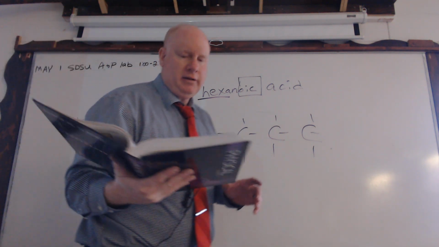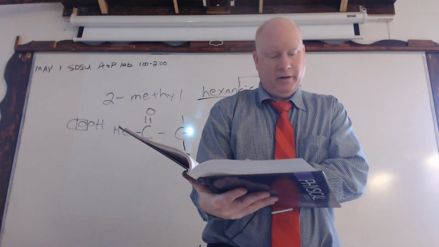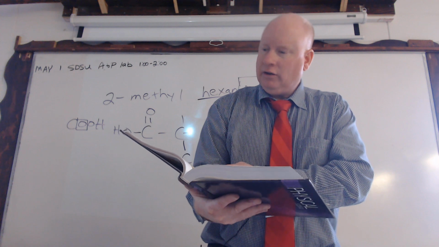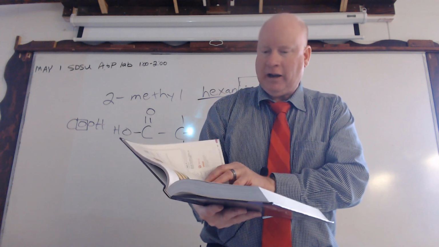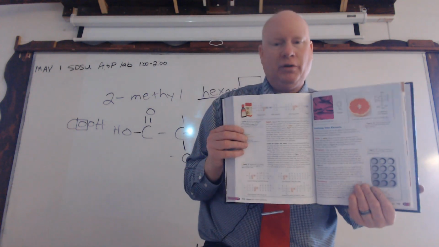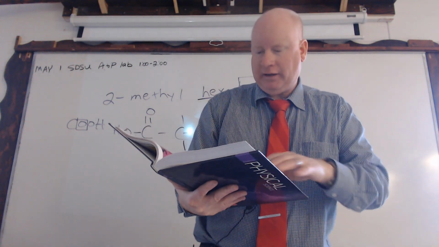If we did struggle with this, somewhere around page 708, 709, getting into 713, it's got examples of alcohols, it's got examples of acids, it even shows you the reactions in here, and that's where this content comes from.